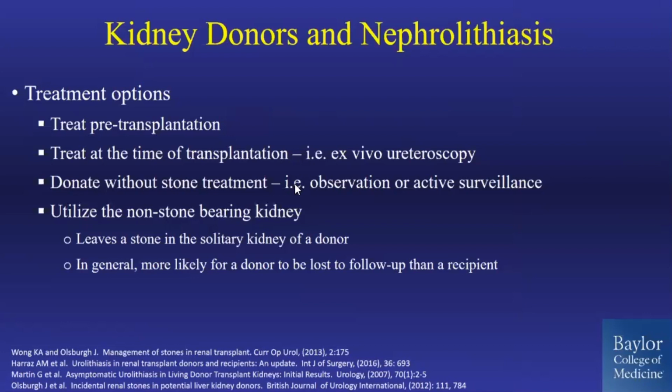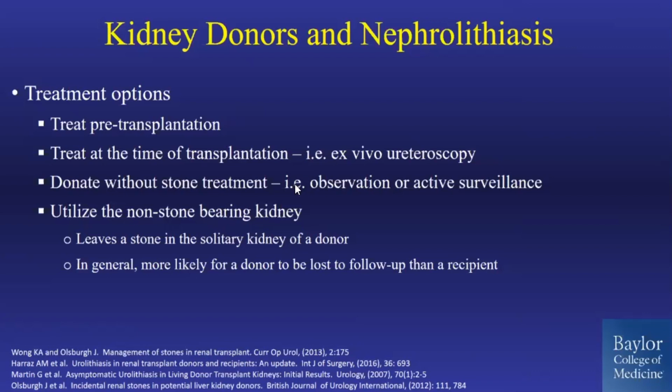What are your options if you're a donor and you have a stone? Well, you could treat the stone before donation. That's totally reasonable. You could take the kidney that has the stone and, on the back table at the time of transplant, perform ex vivo ureteroscopy. We'll discuss that in a minute. You could donate without stone treatment if it's a small stone, and there are data that suggest that if less than 4 millimeters, that can be done pretty safely.